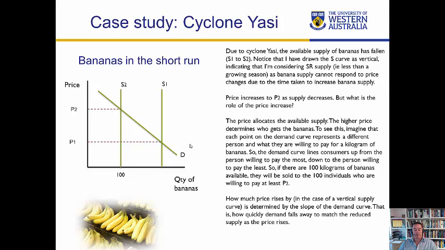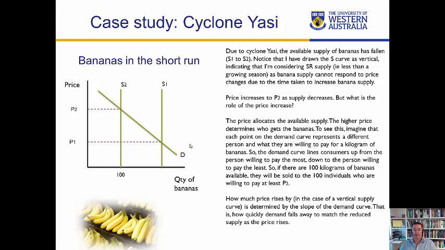So another way of saying the same thing is that in Australia we had to have a significant increase in price before consumers cut back their demand of bananas significantly enough to restore equilibrium.